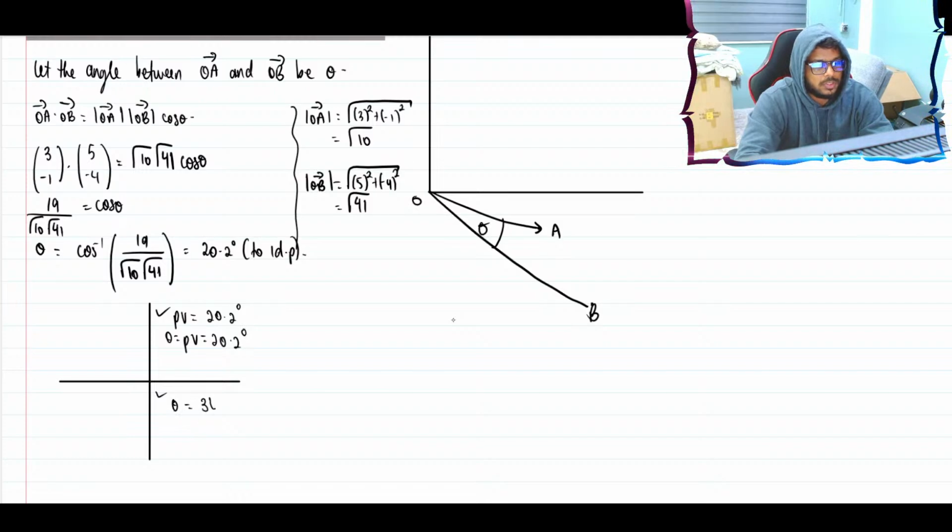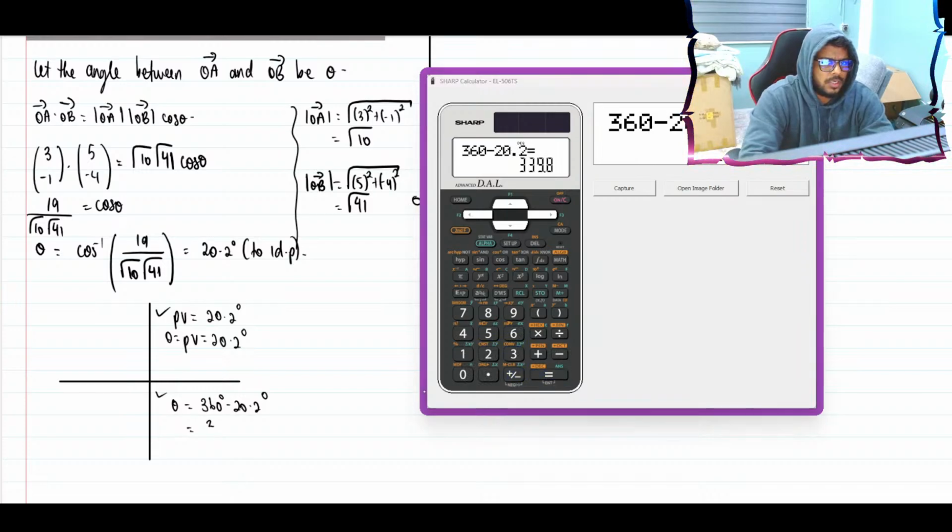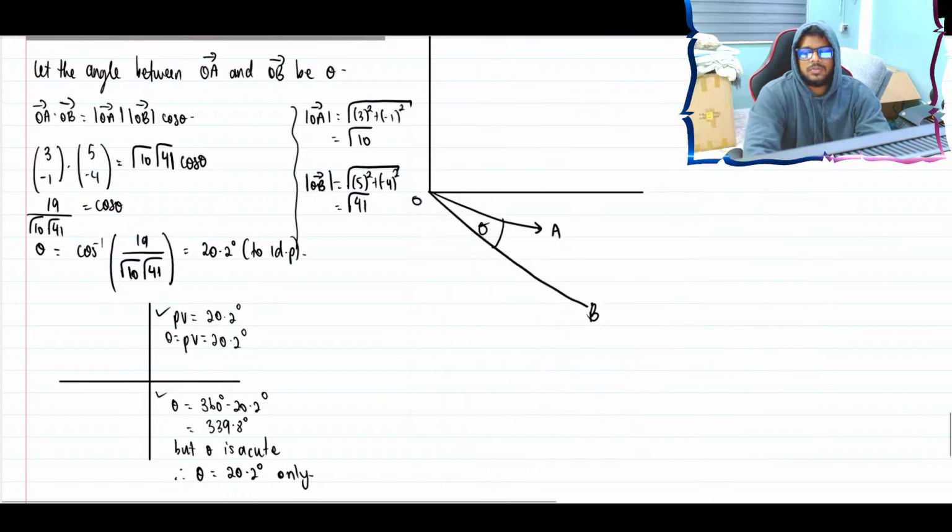Theta is also 360 degrees minus 20.2 degrees. But this is not acute. No shame in doing this: 360 take away 20.2 is 339.8 degrees. Then I say, but theta is acute. Therefore, theta is 20.2 degrees only. Again, don't get scared because of this. This is just a little additional piece of working you could do if you want to show off.